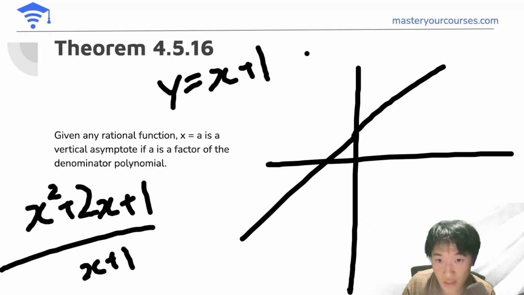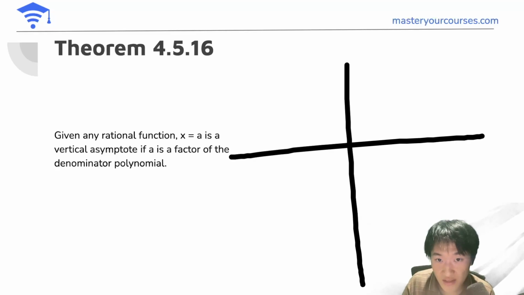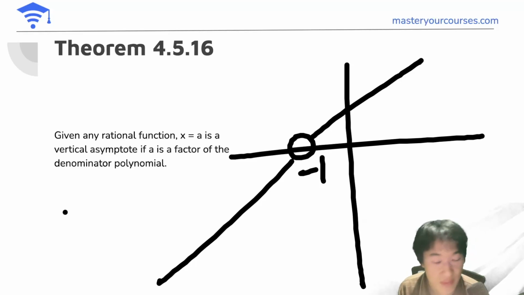They seem identical, but at -1, right here, this graph does not actually attain any point. To make that very clear, the graph looks like this. This is at -1. So -1 is actually not part of the graph, because if it was, then the denominator is 0, and that doesn't make sense.